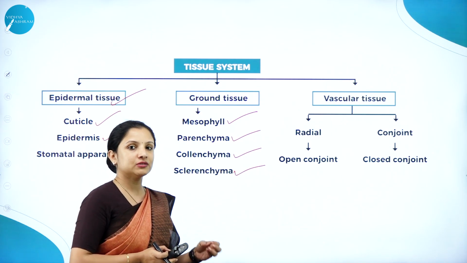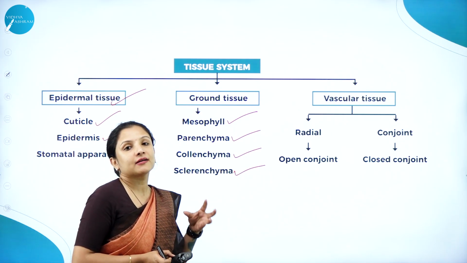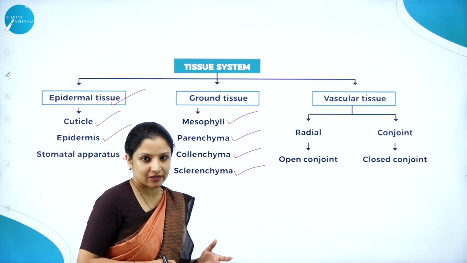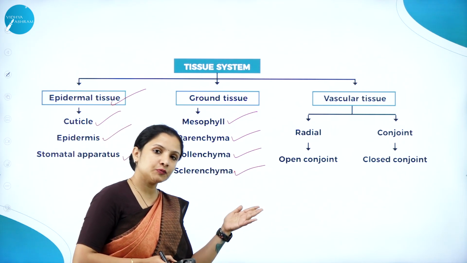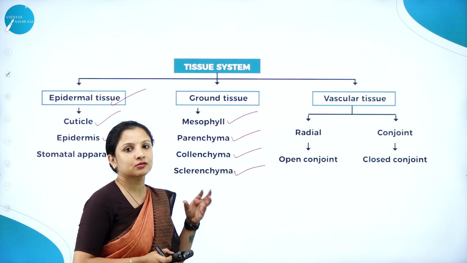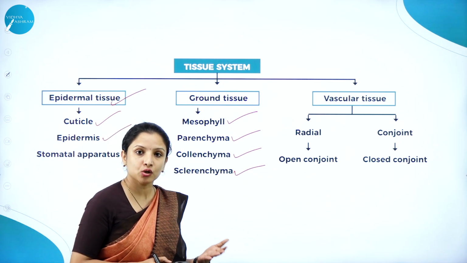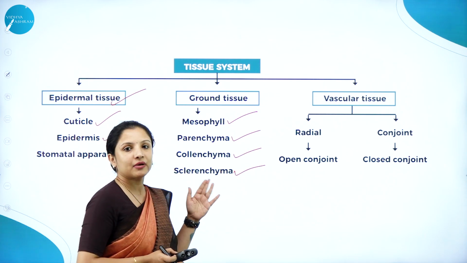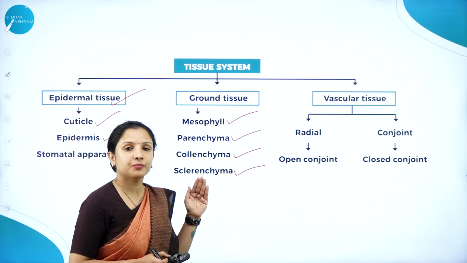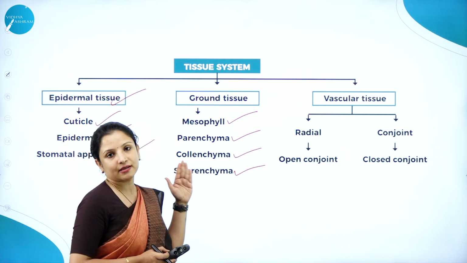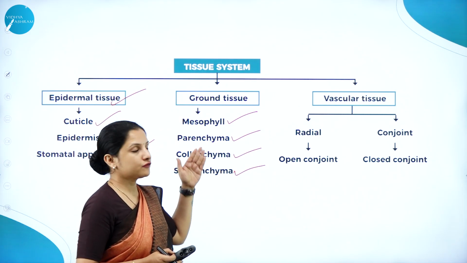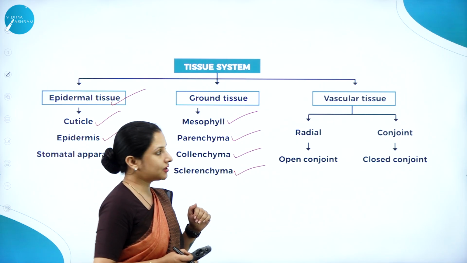Now those oval-shaped parenchyma cells, if tightly packed because of some depositions, we call it collenchyma. And those parenchyma cells which have chloroplast in them, we can call chlorenchyma. And sclerenchyma are fibrous tissues which provide mechanical support to the plant. So these are the cells that come together to form the ground tissue system in the plant.